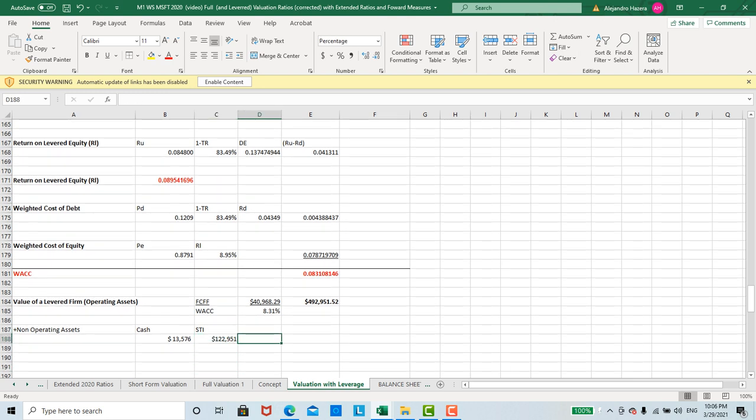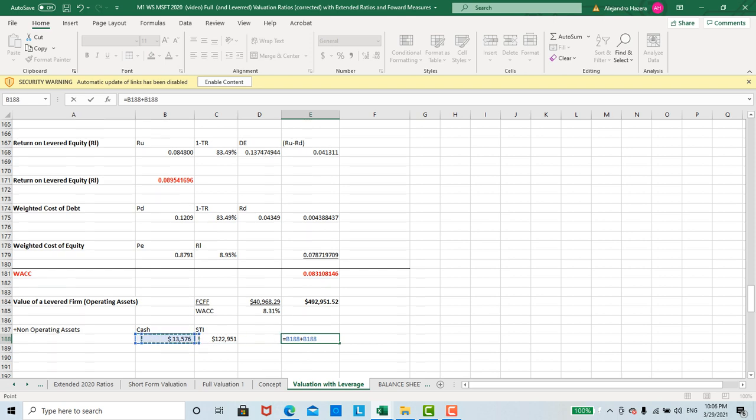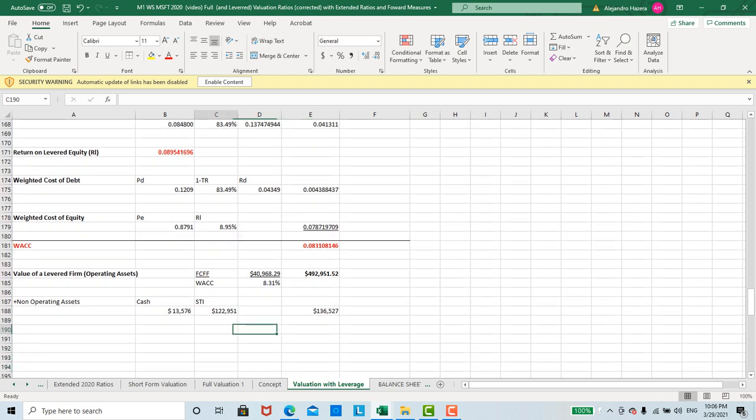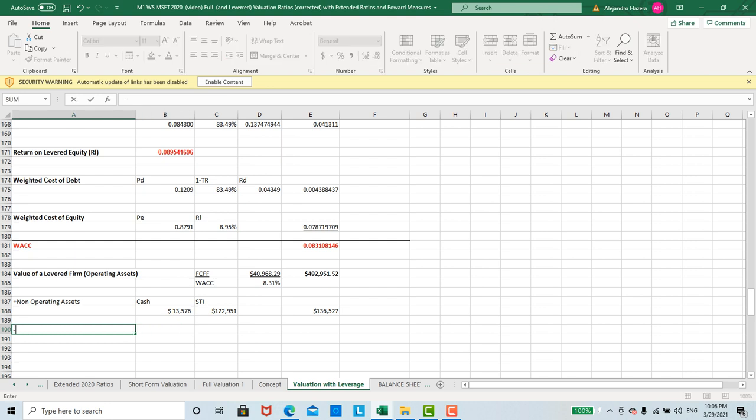Okay, so we'll add in our non-operating assets, which is just the cash that's sitting around, and then we'll subtract out the value of the long-term debt.